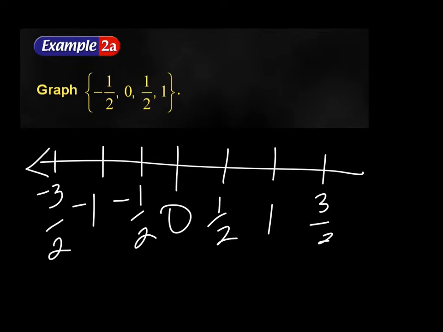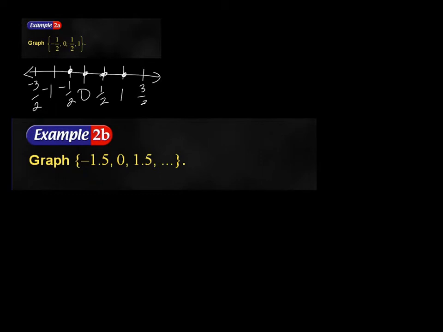And arrows because it goes forever, but the only points I need are at -1/2, 0, 1/2, and 1. Ooh, this one's going to keep going. So the smallest is, we're just going to call it what it is, -1.5.